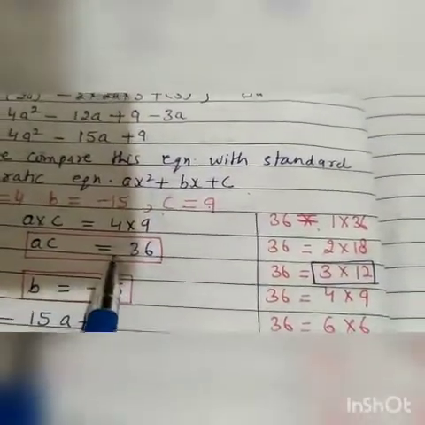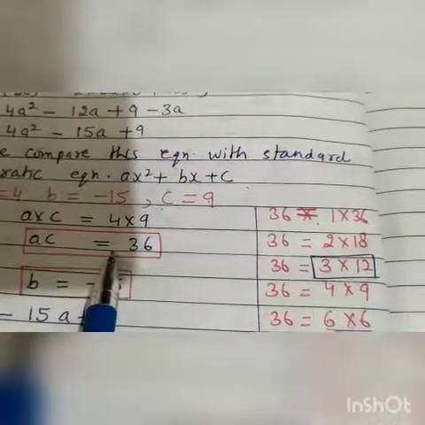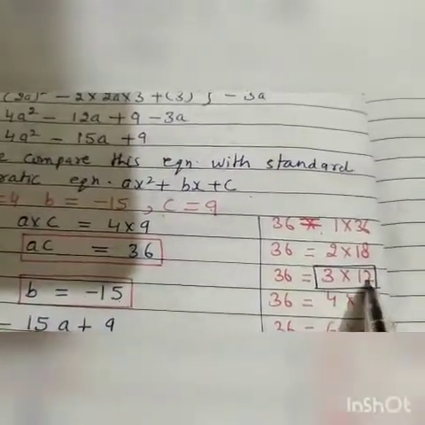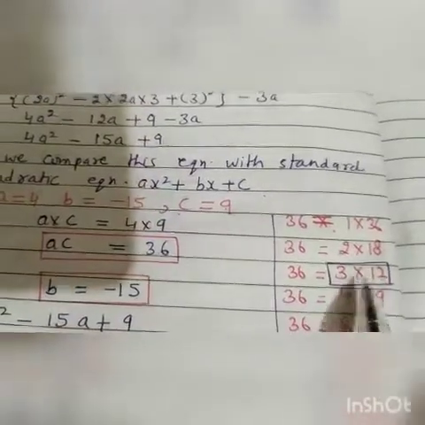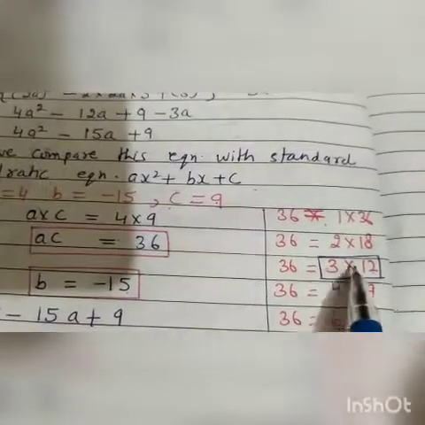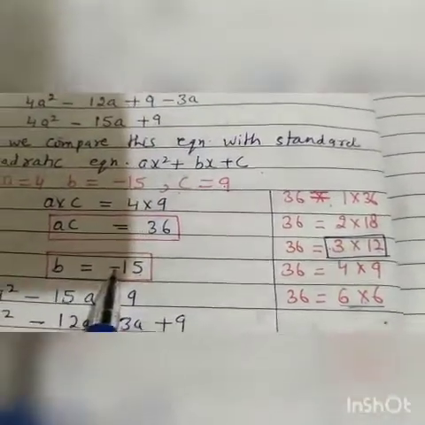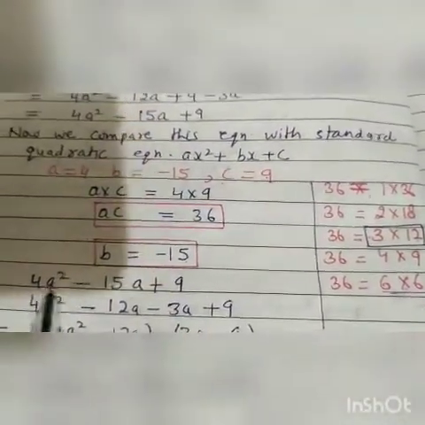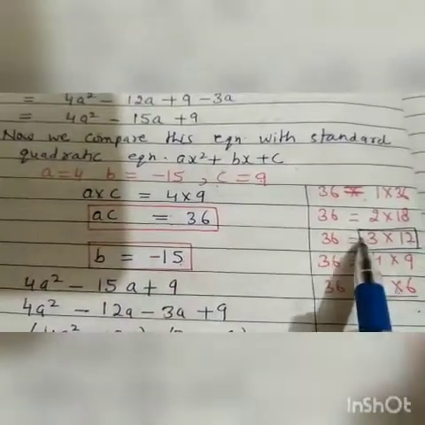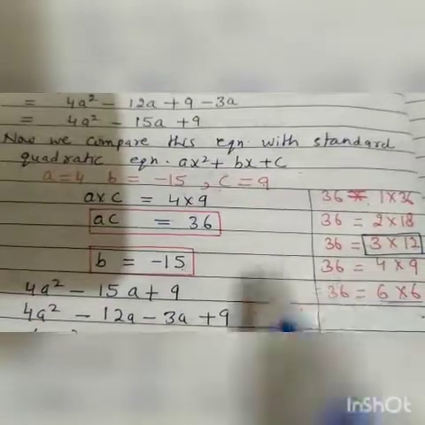This sign tells us that we will get the middle term by adding the factors. So if we add this 3 and 12, we get 15. And you also know when we get the middle term by adding, both the signs are the same as the sign of value b. So 4a square, now this minus 15a will be written as minus 12a and minus 3a.